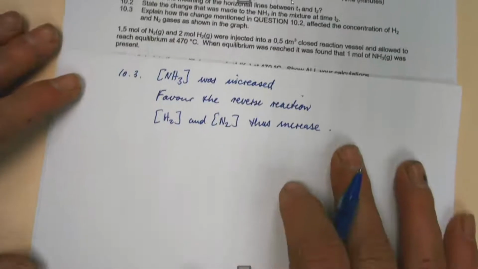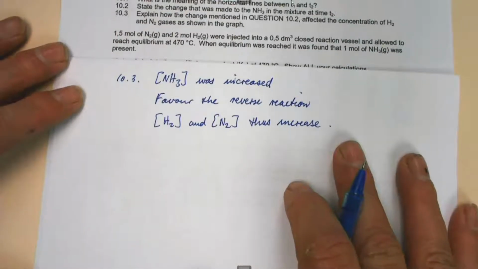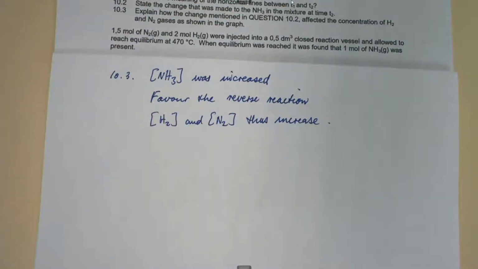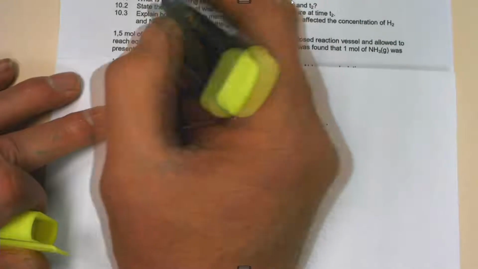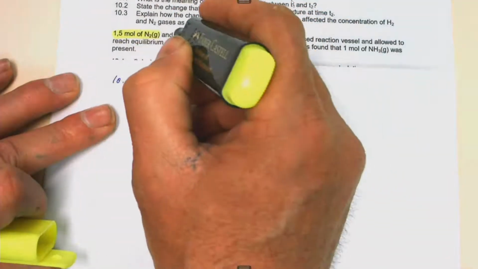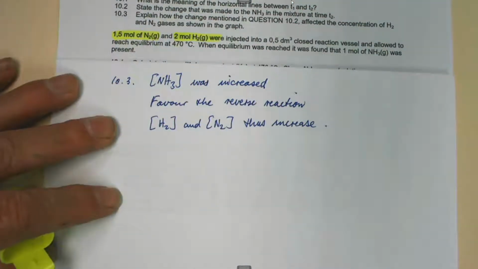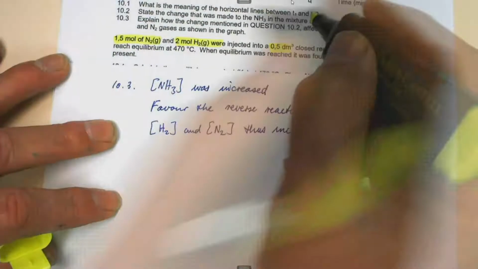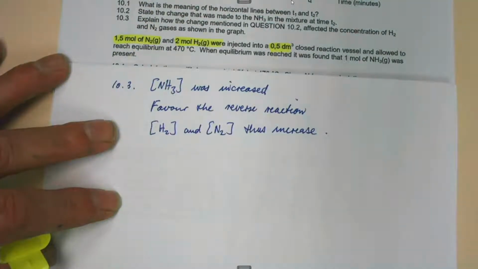Okay, now if we go to the next part, it says here 1.5 moles of N2 and 2 moles of H2 were injected. So that's what I started with. And here's an important part, into a volume of 0.5 cubic decimeter in this closed vessel. So now I know the volume of this vessel.